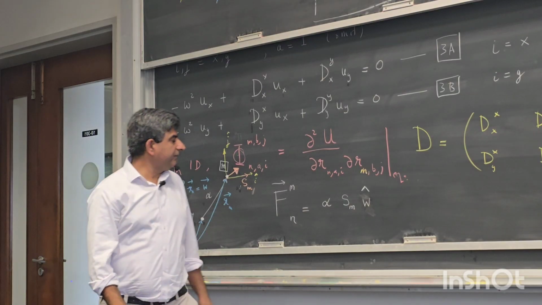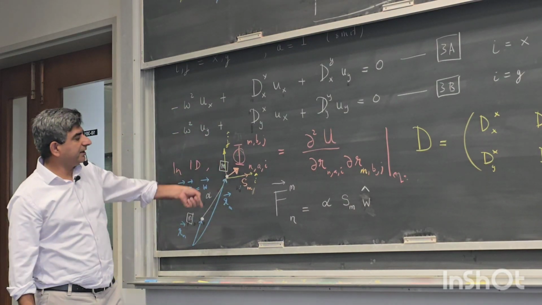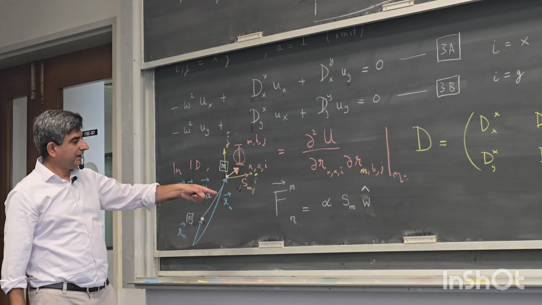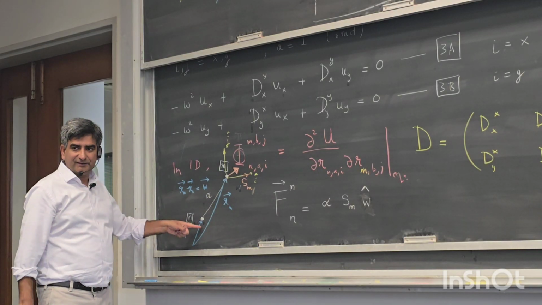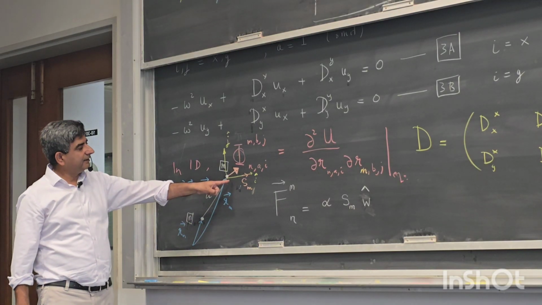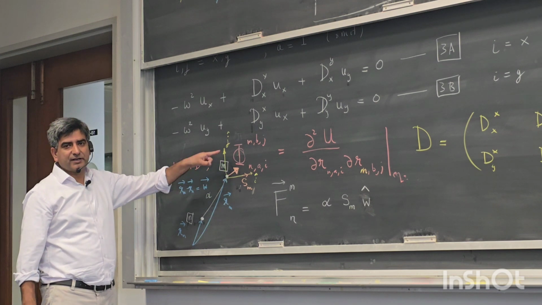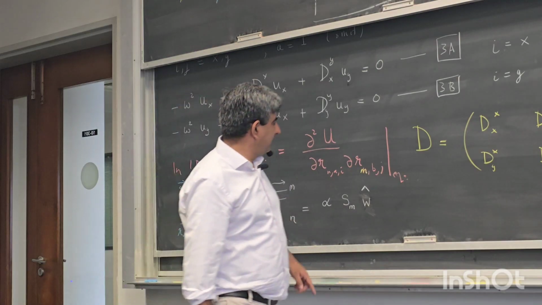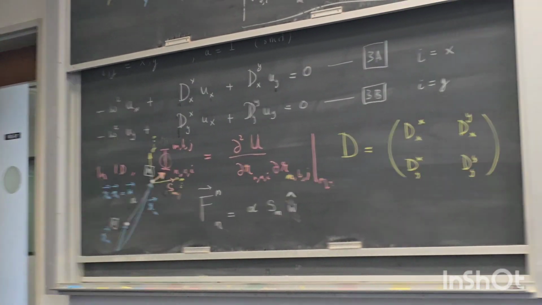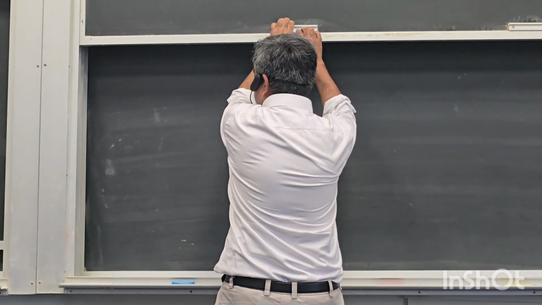If the atom moves along the j direction, I want to compute the force on atom n when this neighboring atom has moved along the j direction. So this prescription is going to change a little bit.